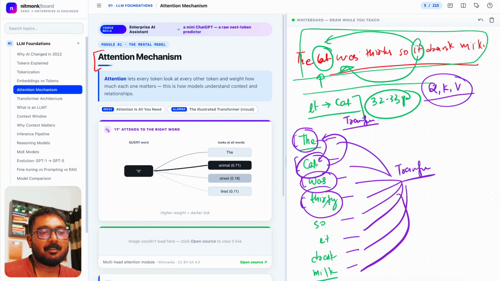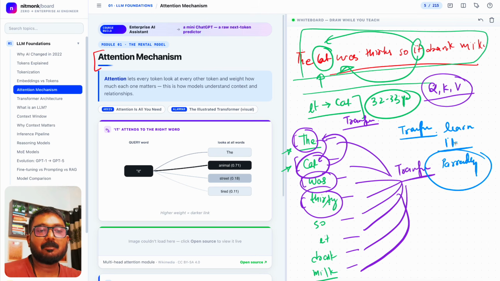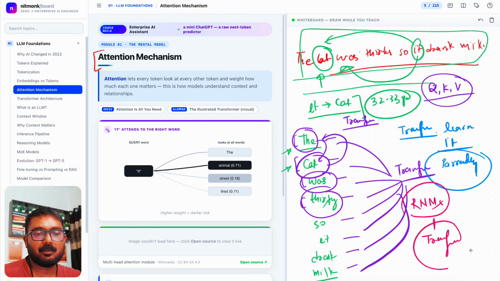All this understanding of one word to another word makes the transformer learn in parallel. That's a major difference from RNN to transformer: looking at all words together.